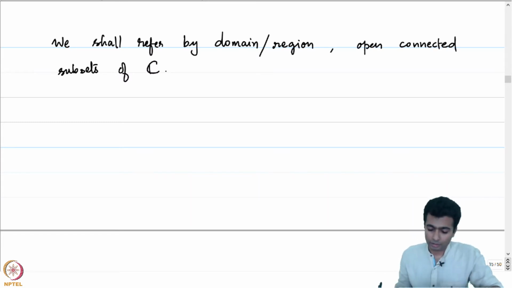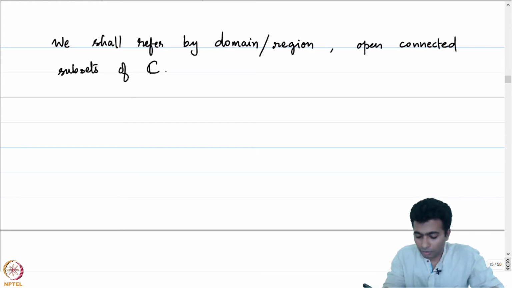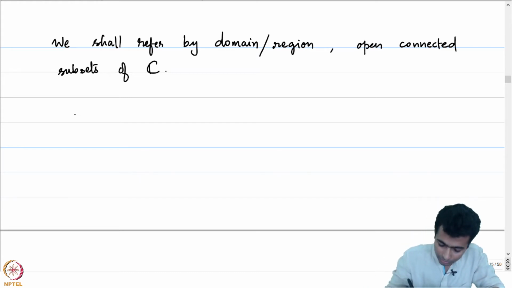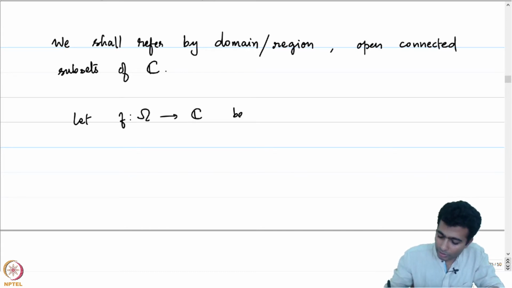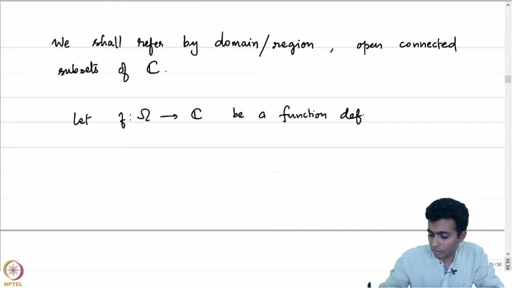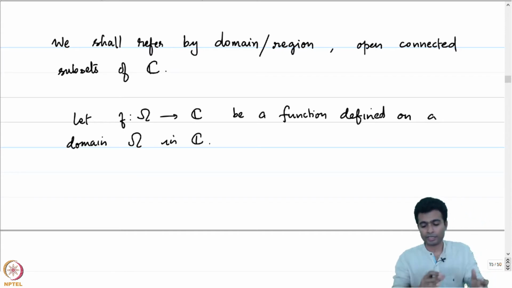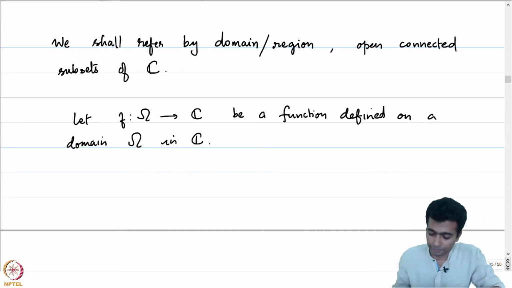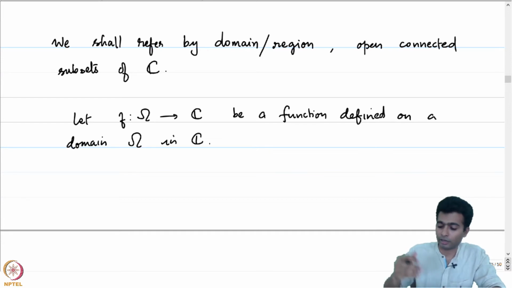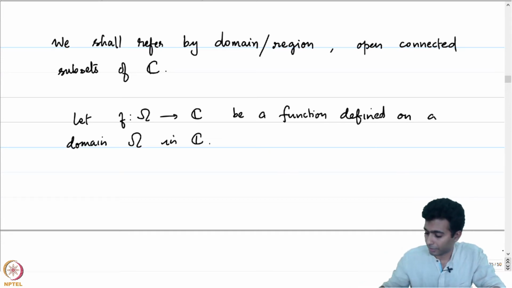Let's now look at a function f from omega into C, where omega is a domain in C. So, let f from omega into C be a complex valued function, as you can see, defined on a domain or a region omega in C. When I say this, it means that omega is an open subset of C which is also connected, and f is a function on omega which takes values in the complex plane.